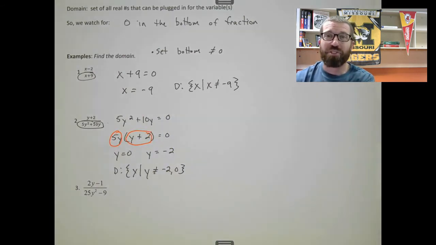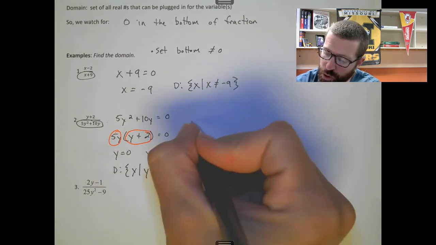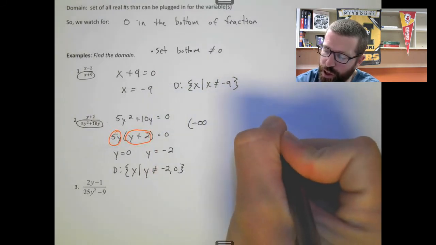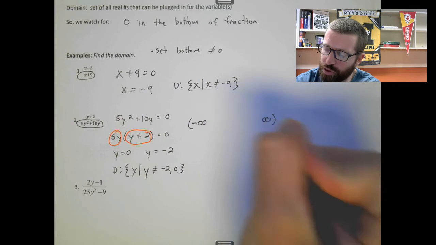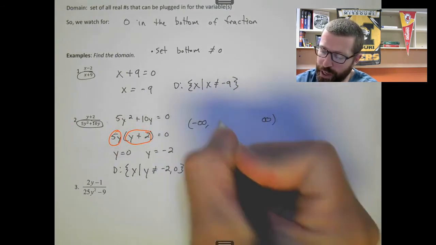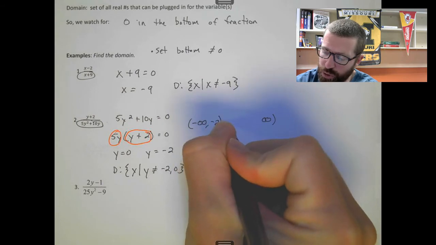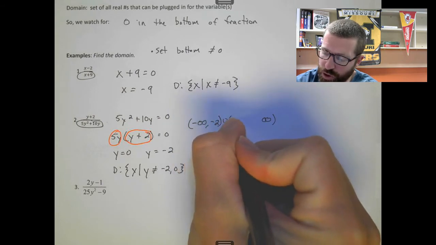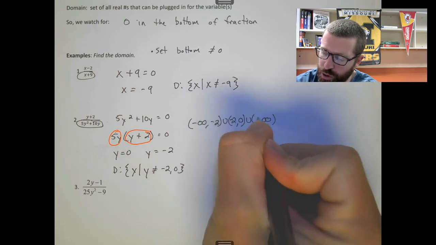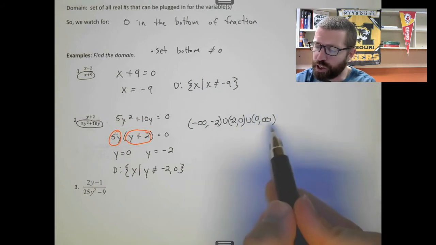If you want to write that as an interval, it's everything from -infinity all the way to infinity, and leave some space here. That's the lowest number, that's the highest number. But we're going to skip -2. So the way we skip is with the parenthesis and a union sign. And then we're going to go from -2 to 0. And then we're going to skip 0 and go to infinity.